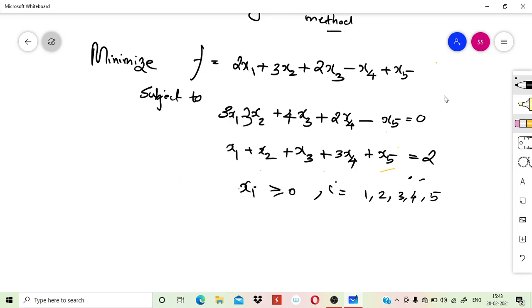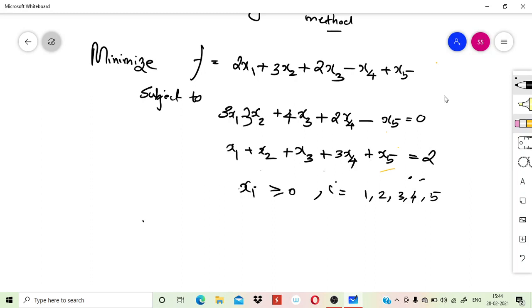So in the two-phase simplex method, what we are going to do is we will introduce variables known as artificial variables, because we cannot introduce here a slack variable or a surplus variable, because these are equations.